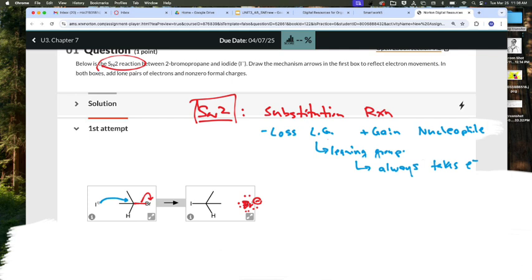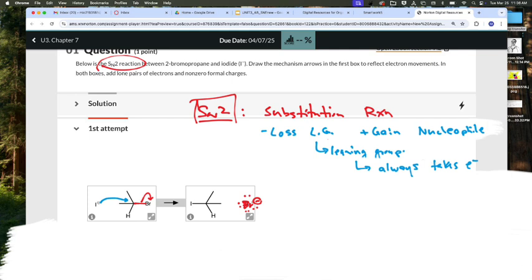Okay? So for this particular question, what am I doing? I'm having the iodide come in. I'm gaining the nucleophile bond to my carbon. And so the gain and loss are all relative to the carbon structure. Why? What class are we in? Organic chemistry. And organic chemistry is all about our carbon structures and ultimately the electrons around them.